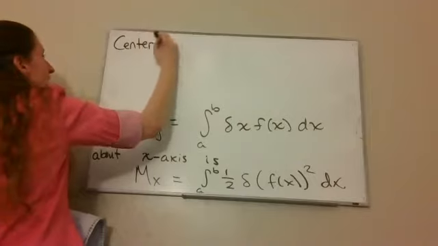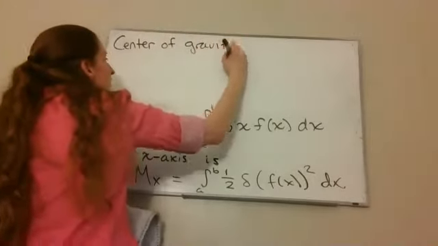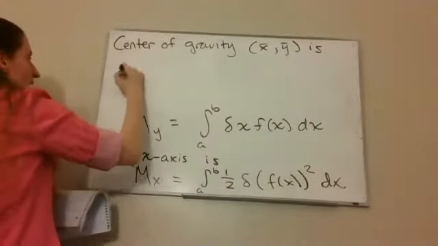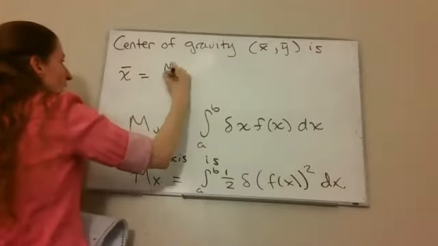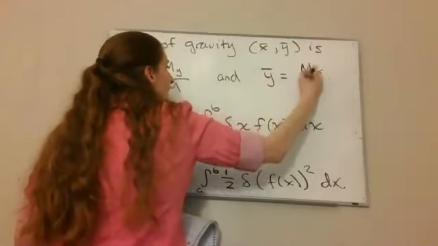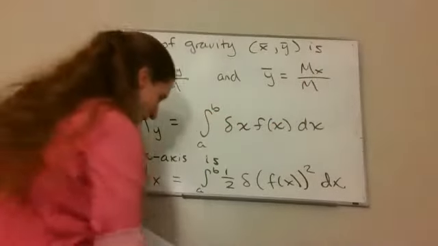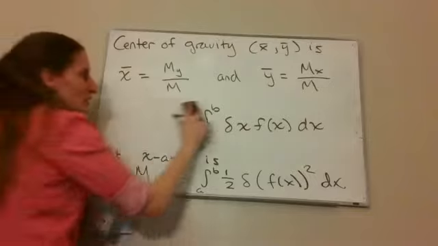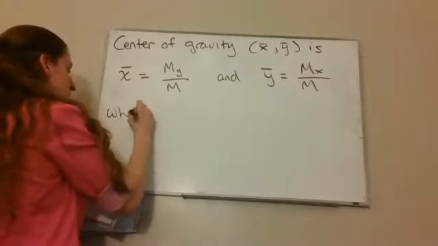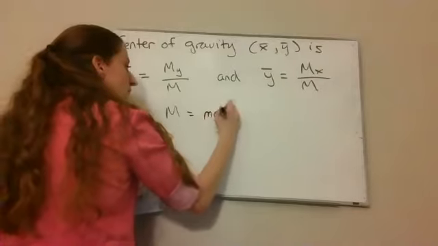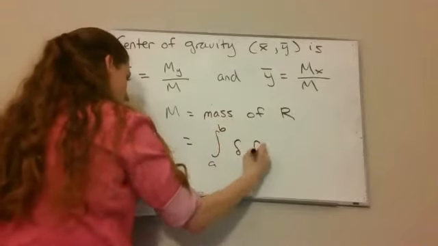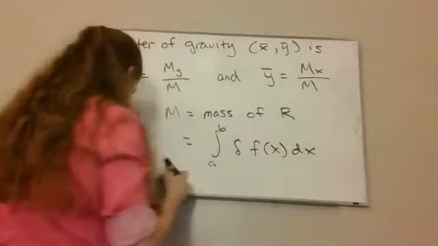Our center of gravity, x bar, y bar, is given by x bar equals My over m, and y bar equals Mx over m, where m happens to be the mass of our region R, which is the integral from a to b of delta times f of x dx.